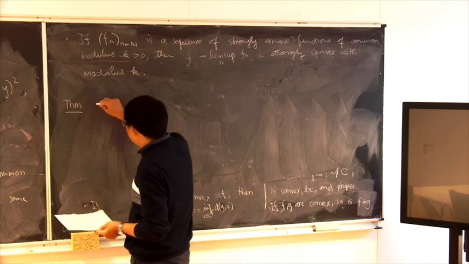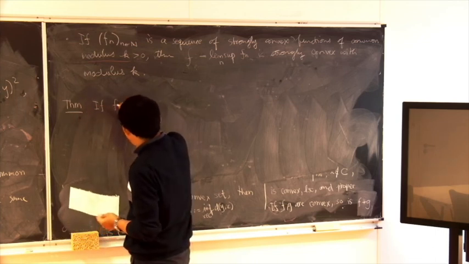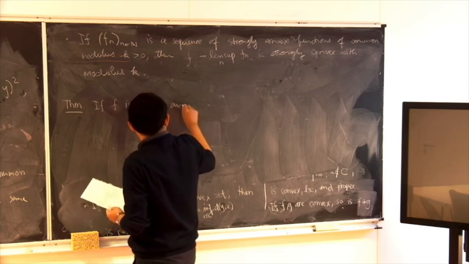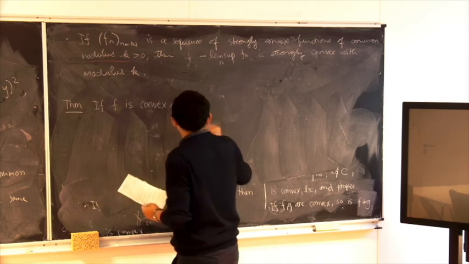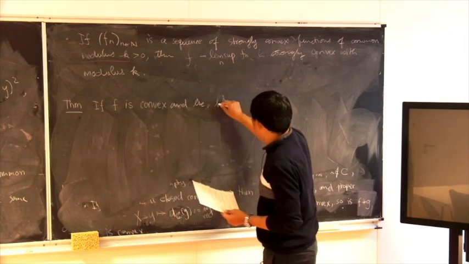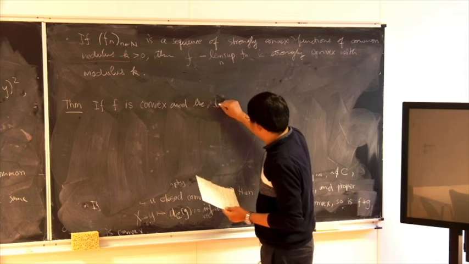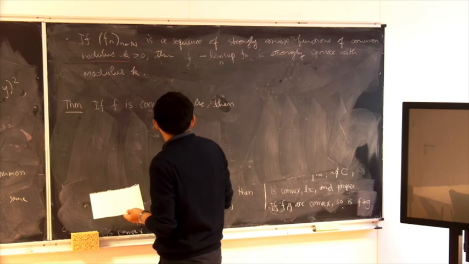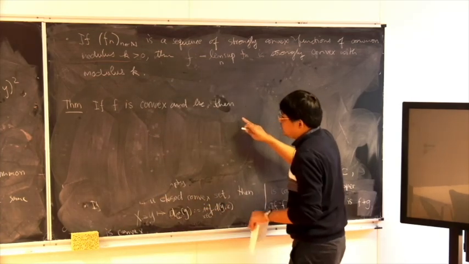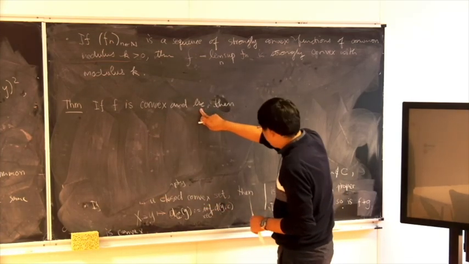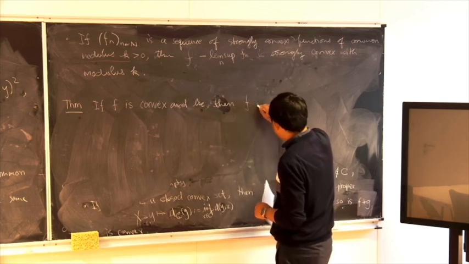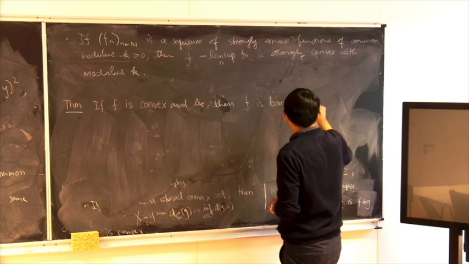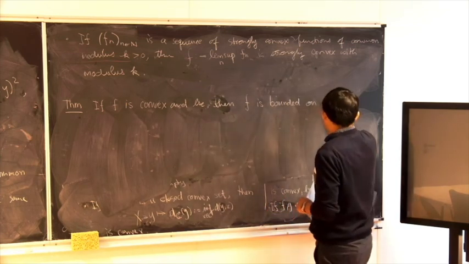So the theorem goes like this: if f is convex and lower semi-continuous, then we have the following. If f is convex and lower semi-continuous, then f is bounded below on bounded sets.